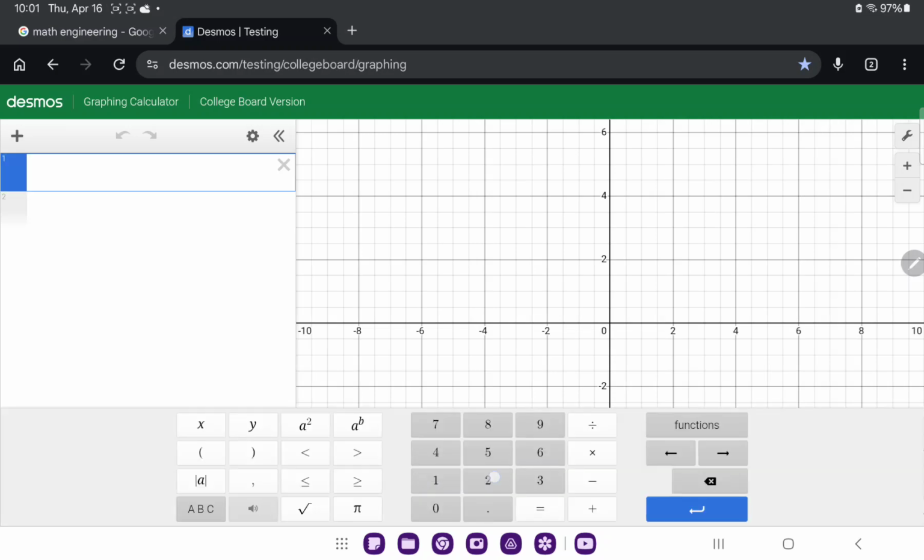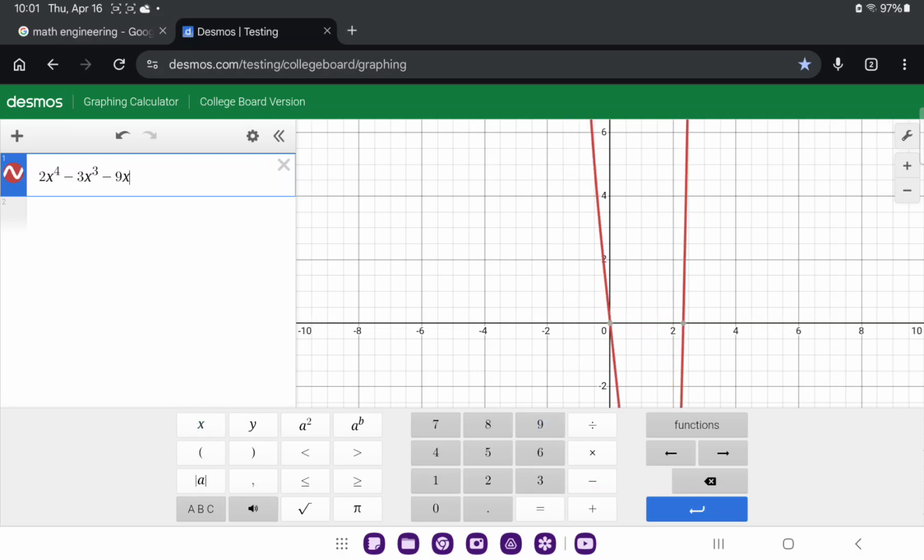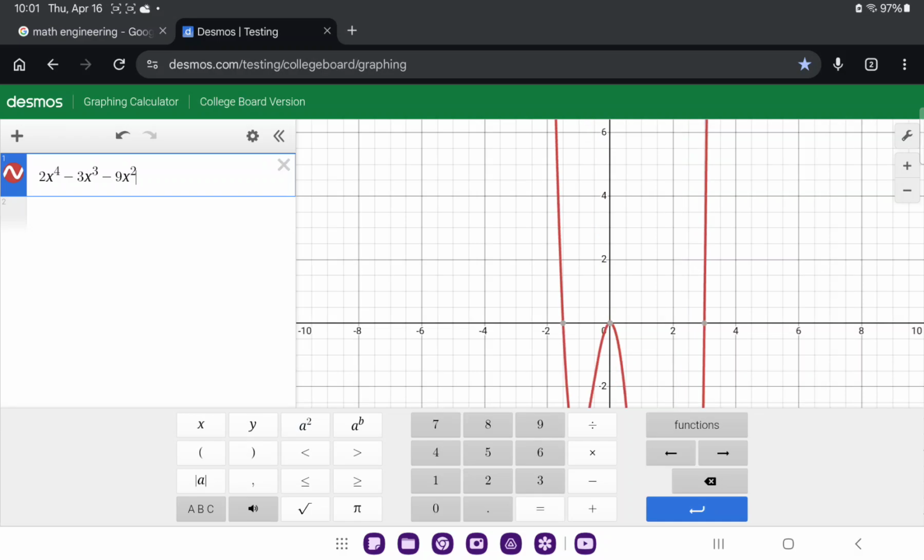So we have 2x to the fourth minus 3x to the third minus 9x squared. Okay? Simple enough, right?